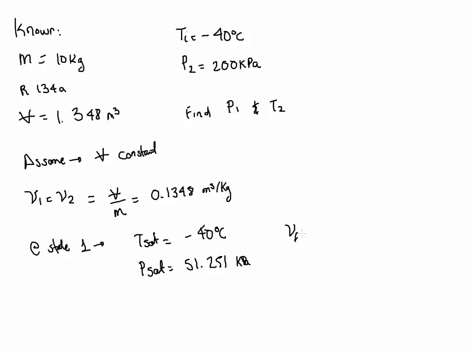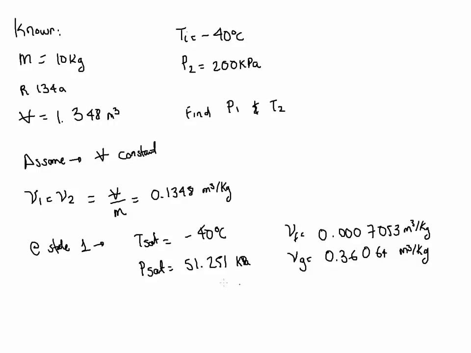Notice that the specific volume for the saturated liquid is going to be 0.0007053 meter cubed per kilogram, and the specific volume for the vapor is going to be 0.36064, once again meter cubed per kilogram.